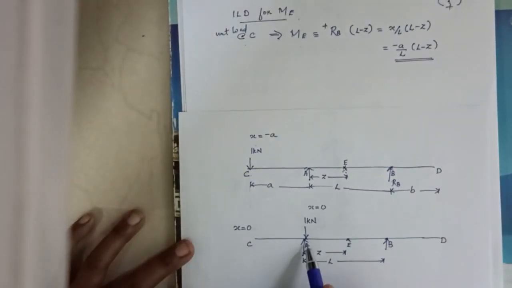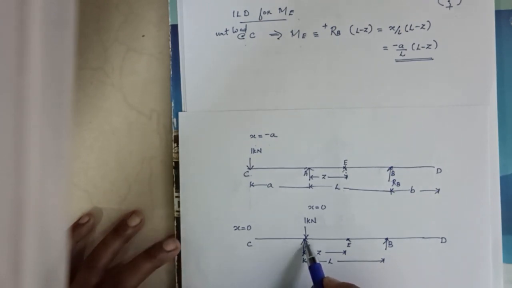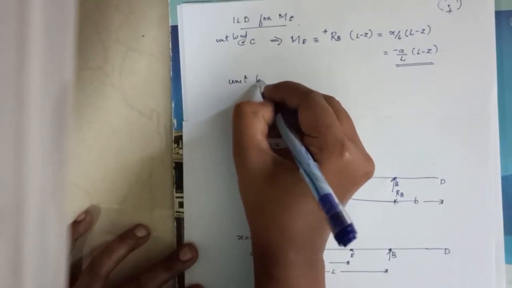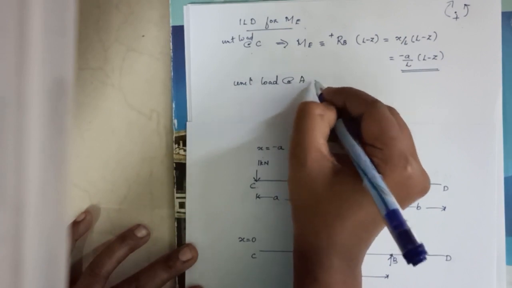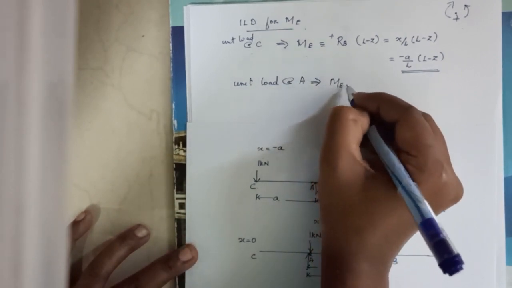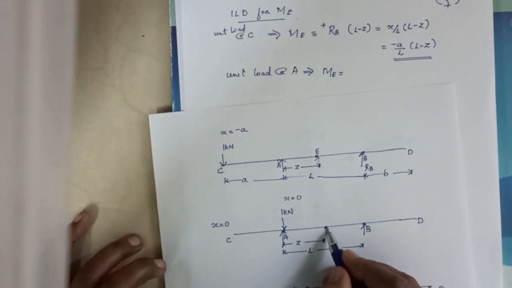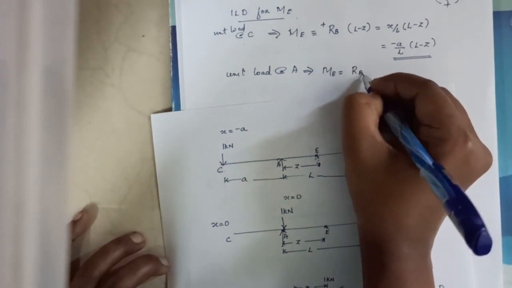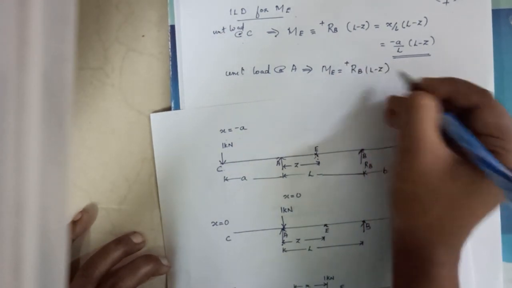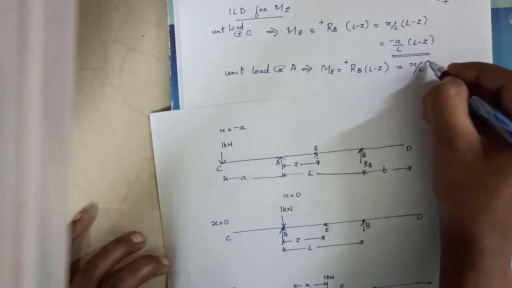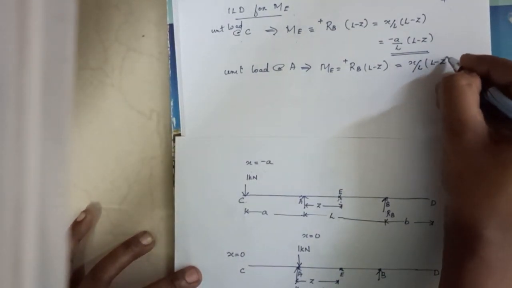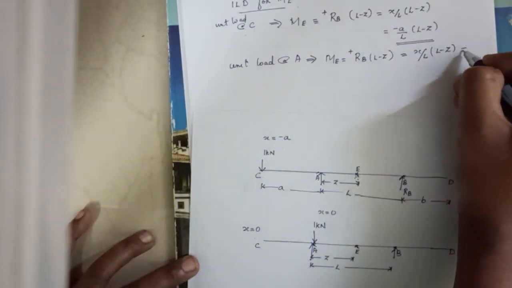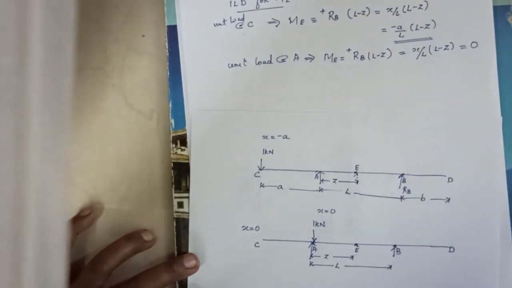Then, next position, when the unit load is at point A, the moment at E will be equal to RB into L minus z, plus value, which is x by L into L minus z. Here x value is equal to 0. Therefore, moment will be equal to 0.